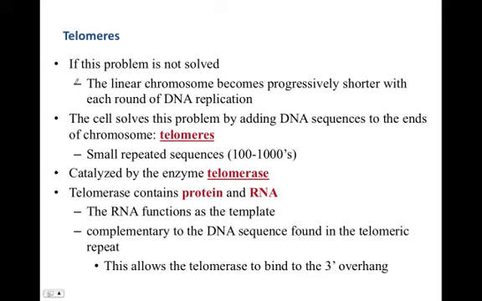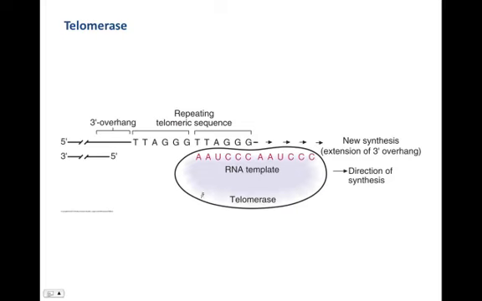Let's look at that now. The telomerase protein is shown here. It's a protein with an embedded fragment of RNA that functions as an RNA template. This RNA template is complementary to the 3' overhang, or the telomere.